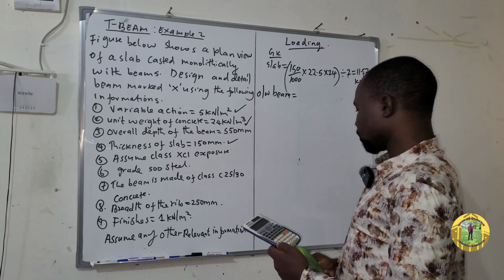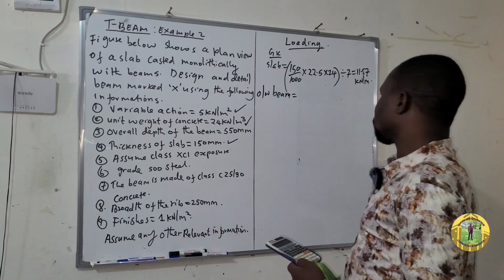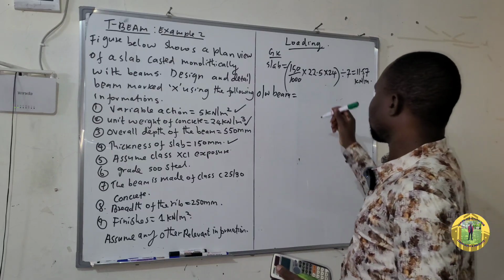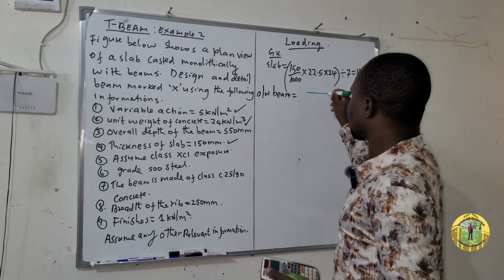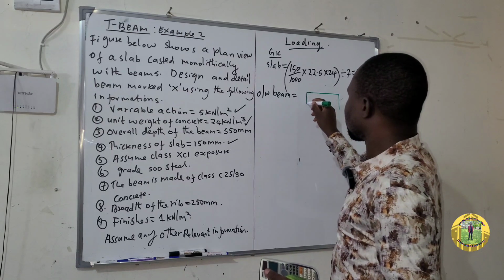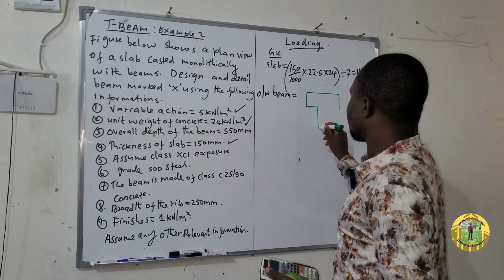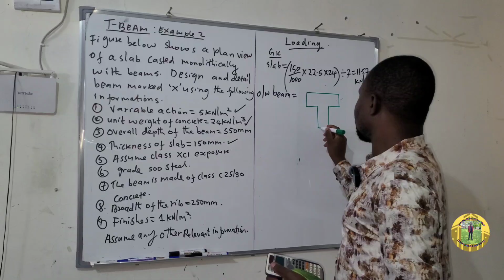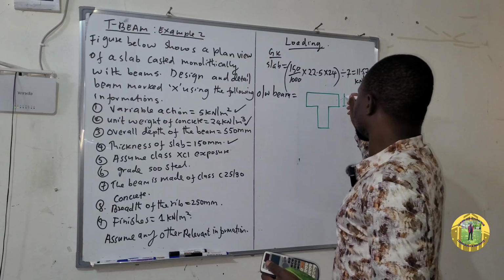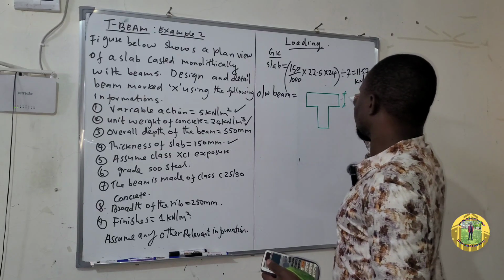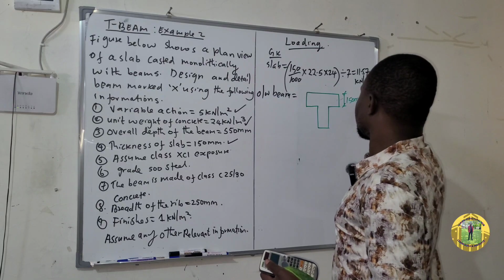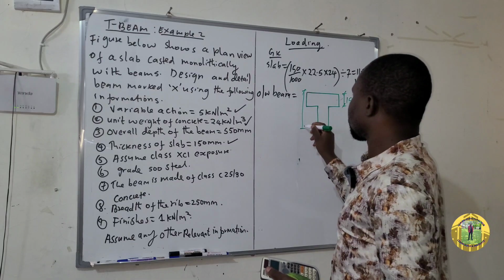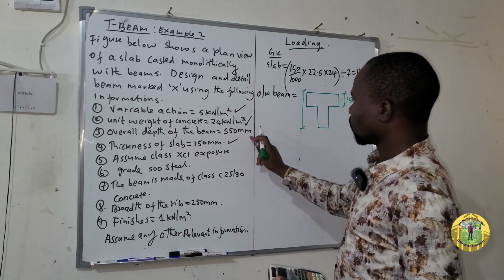So for the beam, allow me to draw the flange section of this beam. So if this is the beam, and this is the thickness of the slab, which is 150 millimeter, and the overall H is 550.